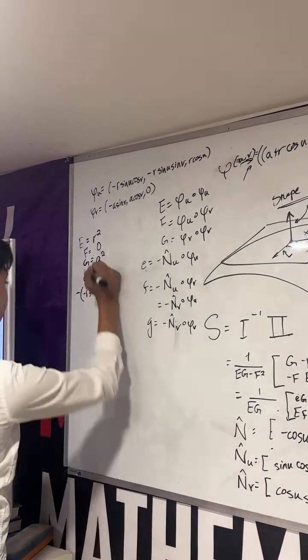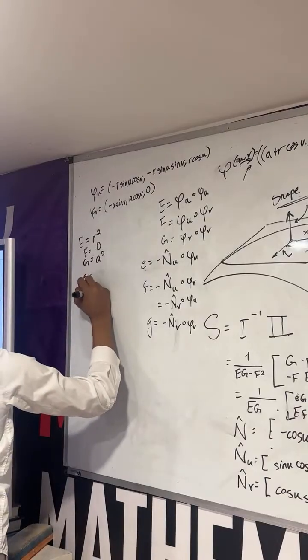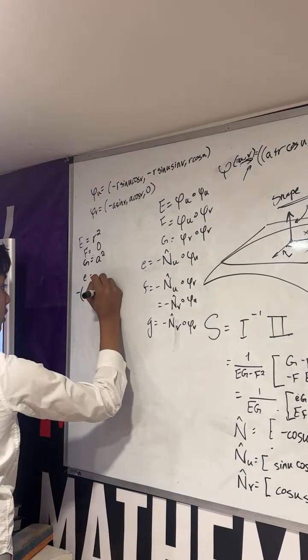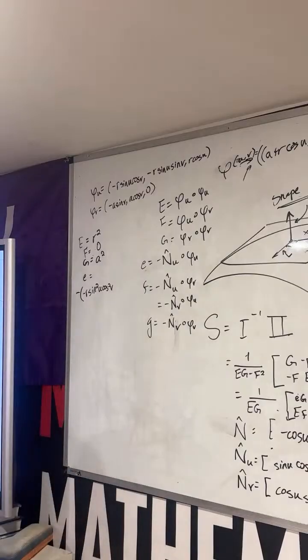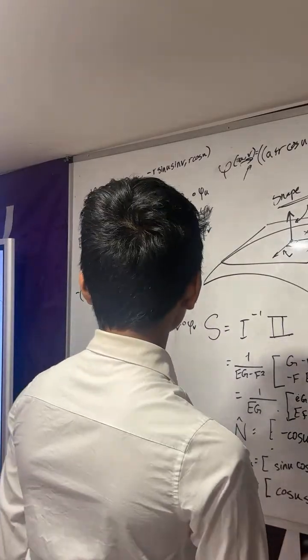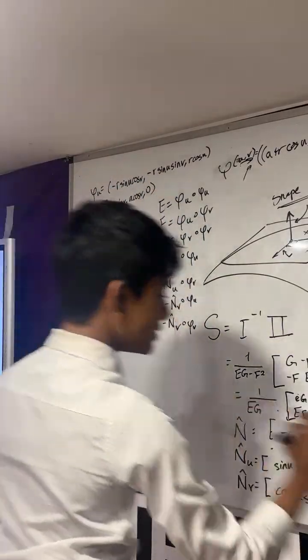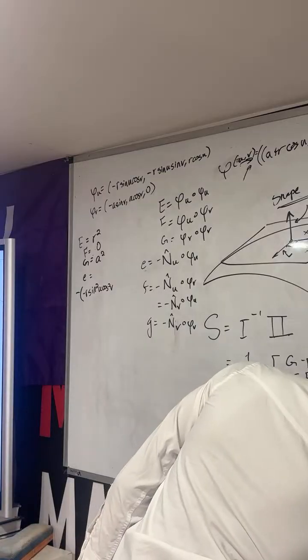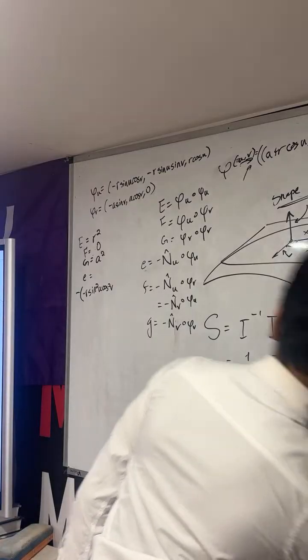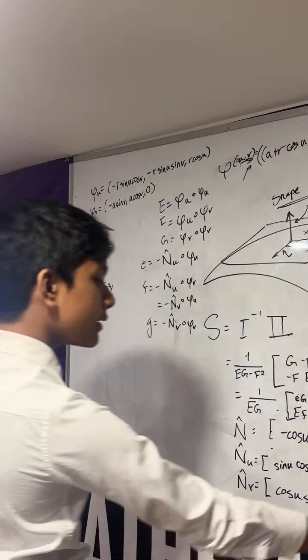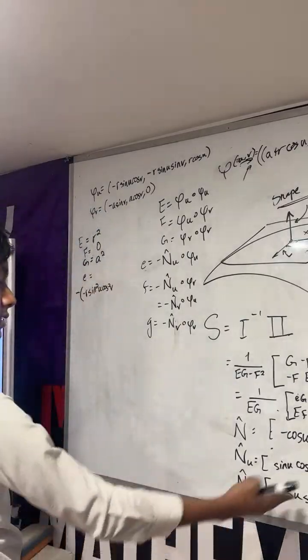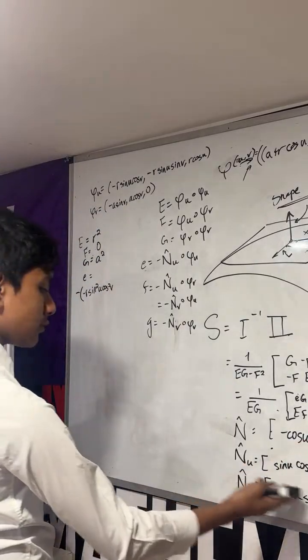And then the same thing happens here, so it's just minus r sine squared u cosine squared v. If you look closely enough, you'll notice that this is just phi u multiplied by negative 1 over r. Signs work out, everything works out over here.